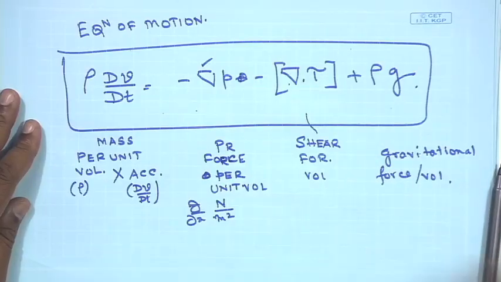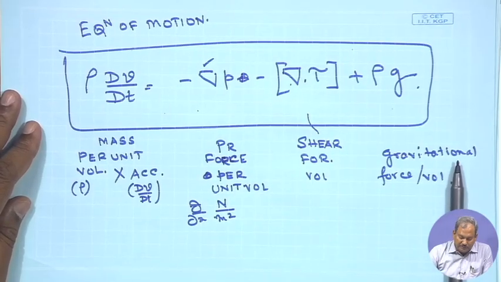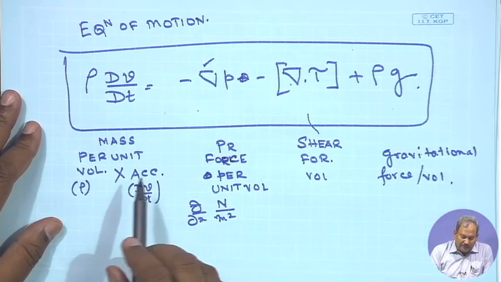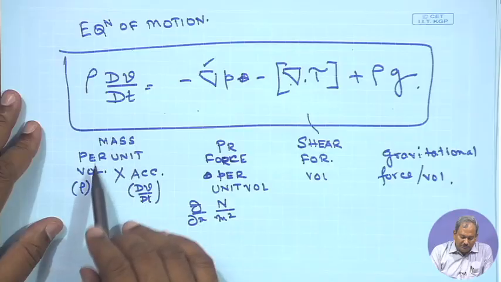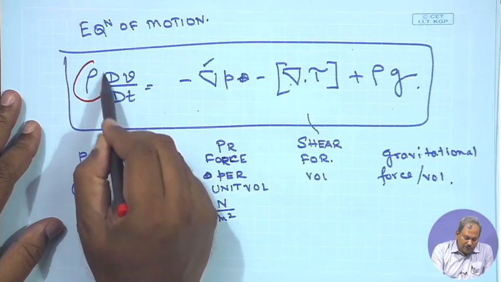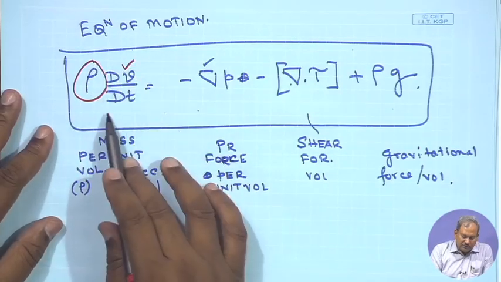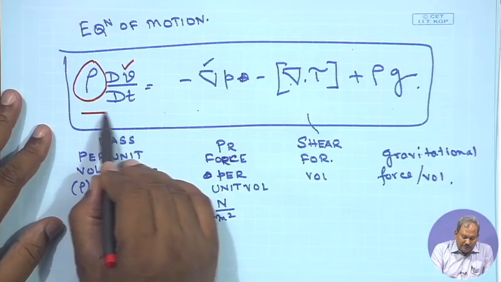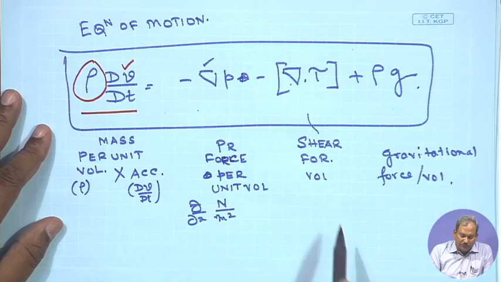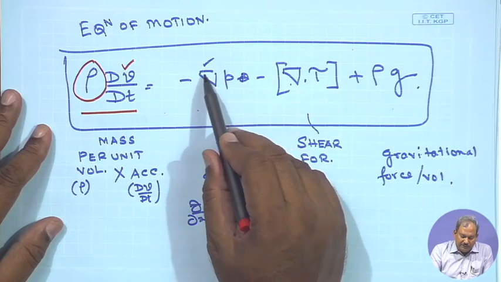I would like to draw your attention to this equation once again, because each term of this equation is essentially, this is mass per unit volume, which is rho, times acceleration. So, this is force per unit volume. This term is then force per unit volume. Here you would see that it is del of P.